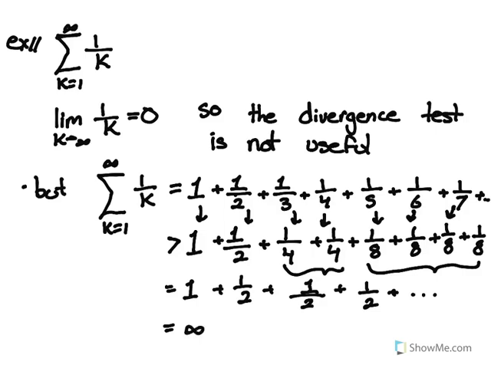And this is equal to infinity because we're adding up 1/2 an infinite number of times, so that means it'll go to infinity. And since the series is greater than infinity, that implies that the series must diverge.